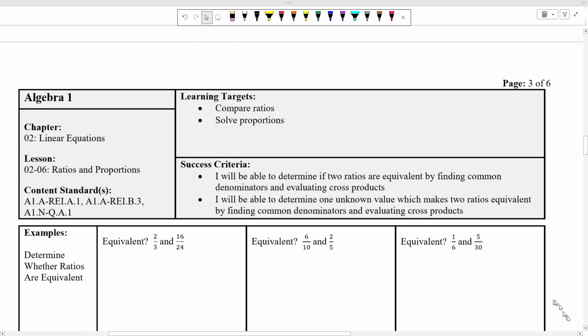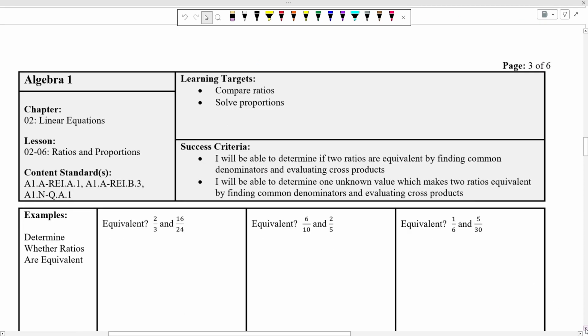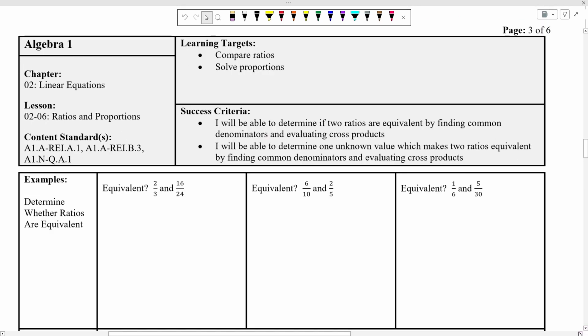Are they equivalent? Well, let's see here. I'm going to set up my 2/3 like that and pose the question.